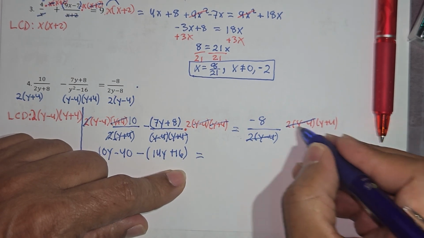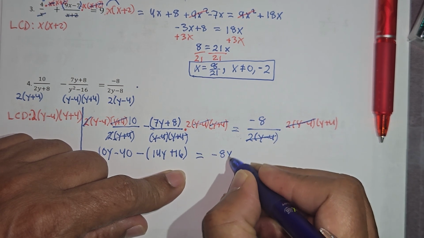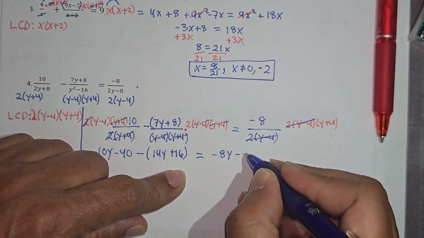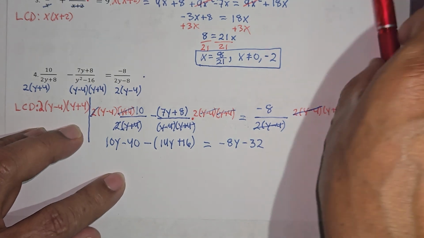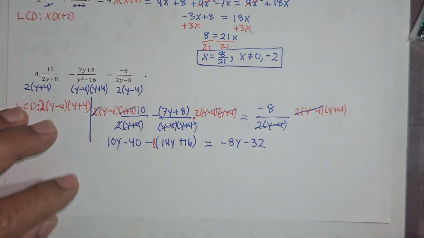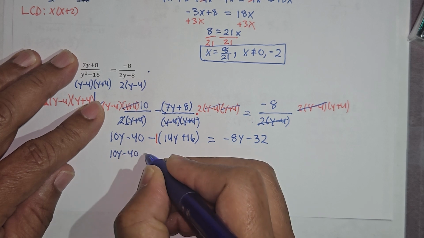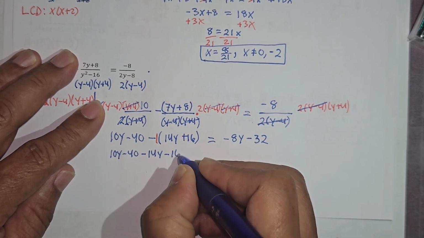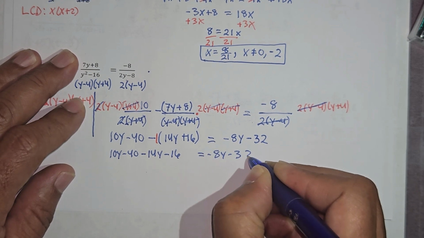And this is equal to negative 8 times y, that's negative 8y, and negative 8 times 4, that's minus 32. Now I'm going to distribute the negative 1 that's implied. So this becomes 10y minus 40 minus 14y minus 16 is equal to negative 8y minus 32.